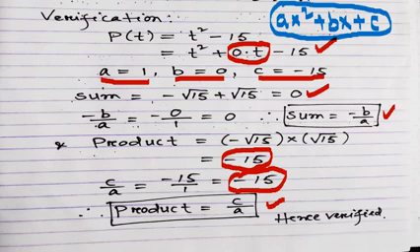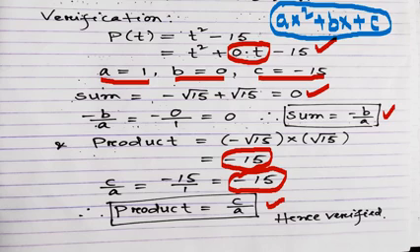If we compare the coefficient of t square and x square, it is 1, isn't it? So we are writing a is equal to 1. Similarly, if we compare the coefficients of t and x, then b is equal to 0, and likewise c is equal to minus 15. So these are the values of a, b and c.